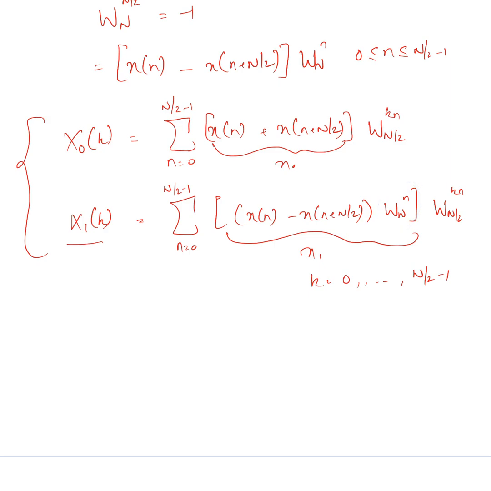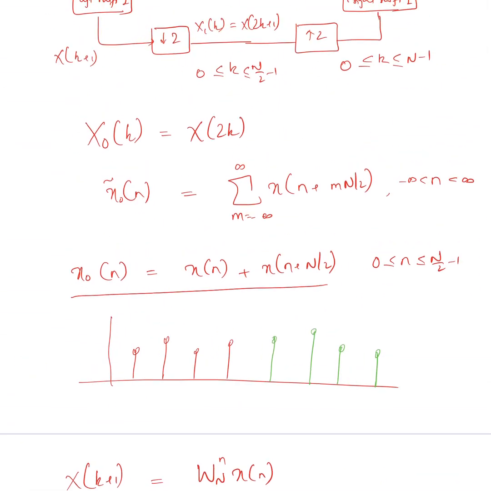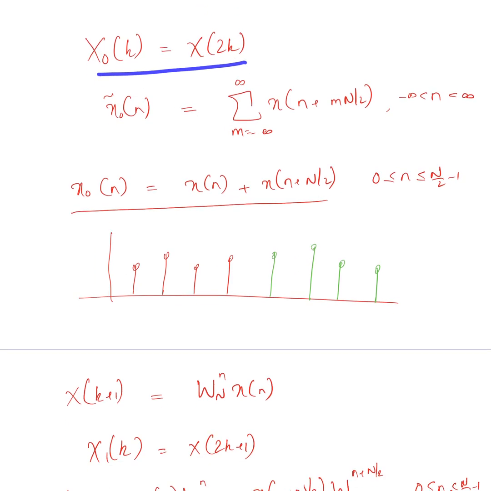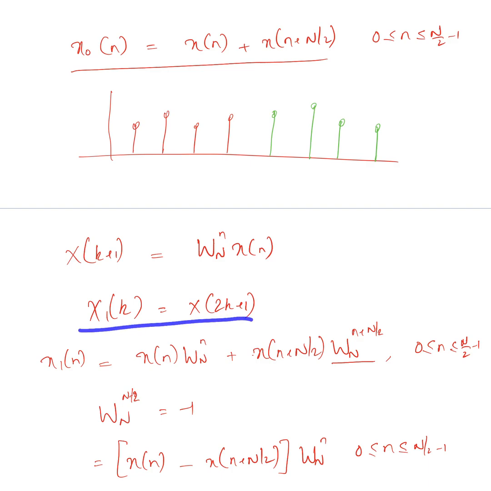So using these equations, the even numbered and the odd numbered output points of X of k can be computed, since we know that X of 2k is equal to X0 and X of 2k plus 1 is equal to X1.